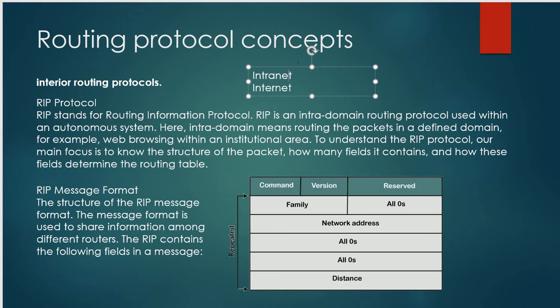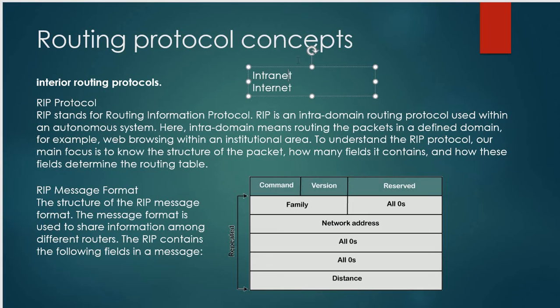So to understand the RIP protocol, our main focus is to know the structure of the packets. We have to understand how the packet travels across the routers in the interior routing protocol in an autonomous system, how many fields it contains and how these fields determine the routing tables. How the routing tables forward the packets, we have to know the fields.